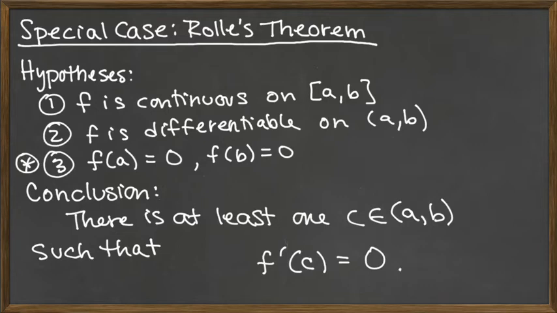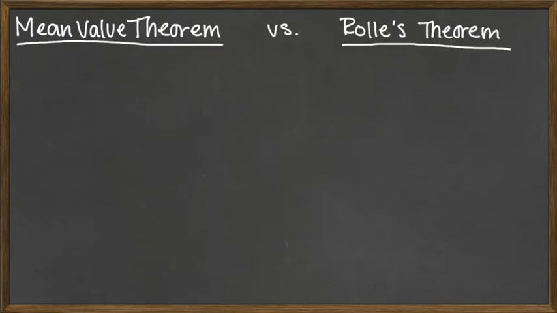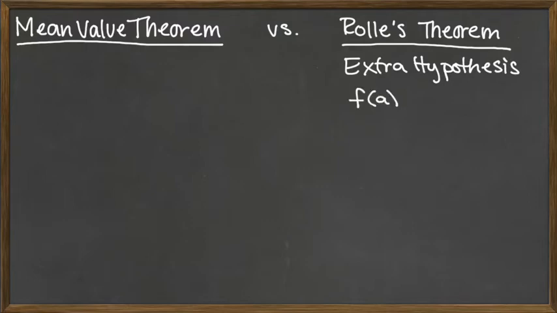But of course, this conclusion statement ought to be related to the mean value theorem since we're talking about just a special case. So let's see how that relationship happens. For Rolle's theorem, let me remind you that we had an extra hypothesis, and that extra hypothesis was that when you plug in the endpoints a and b, you get 0.